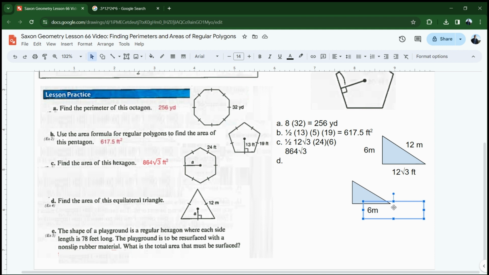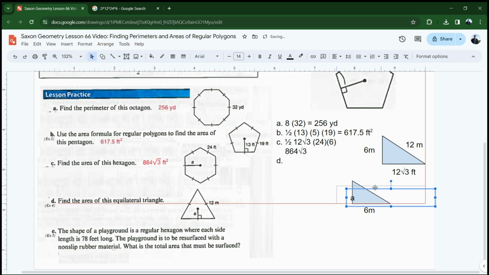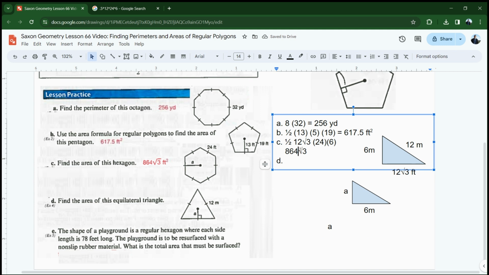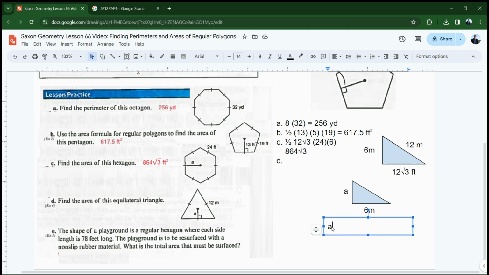So how am I going to figure out what this side is? Well, let's think about that for a second. Let's say that this side has length A because it's the apothem. That means that A times the square root of 3 equals 6.